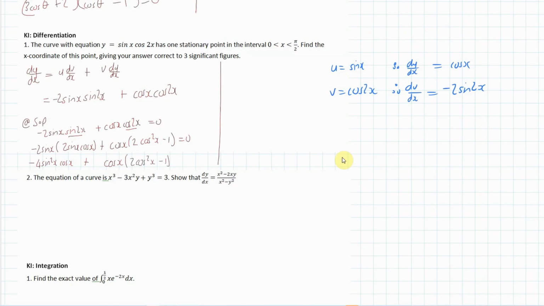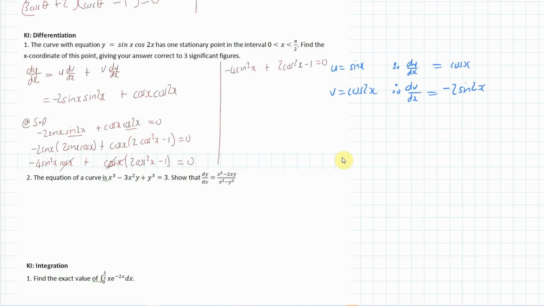Now at this point I'm going to divide both sides by cosine x, so I can get rid of this and this. So this will give me minus 4 sine squared x plus 2 cosine squared x minus 1 equals 0.